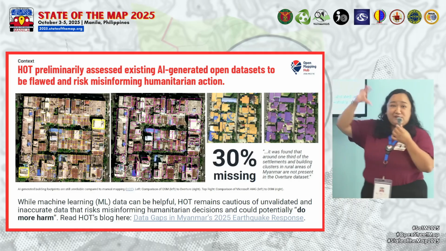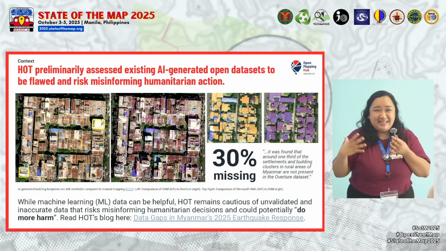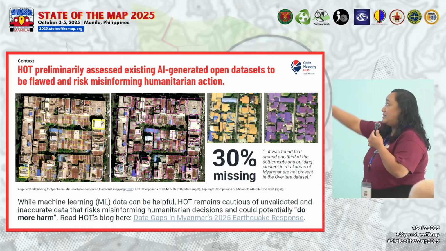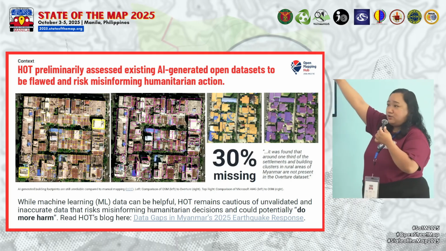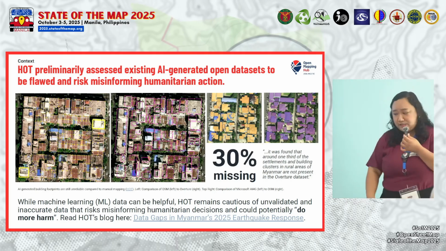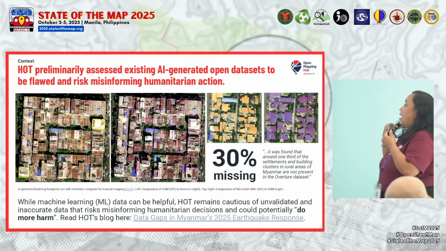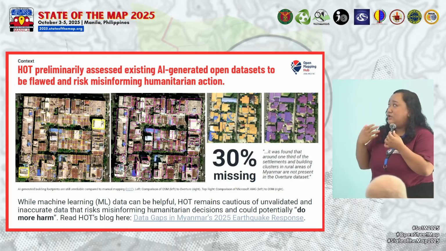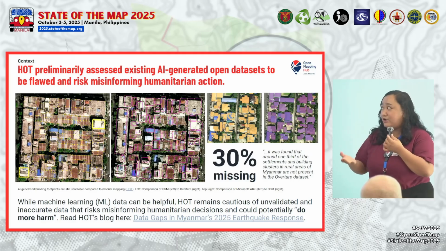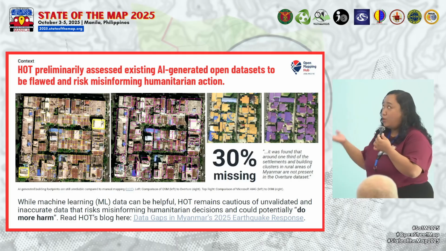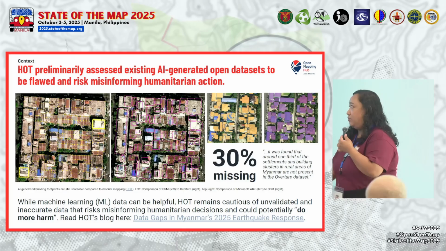If you can see, there is an arrow shape that doesn't look like a building at all. And this is the comparison with the OSM buildings. With that, we can see that there is a huge increase in accuracy when it comes to mapping in OSM compared to the AI-assisted open data sets that are available.